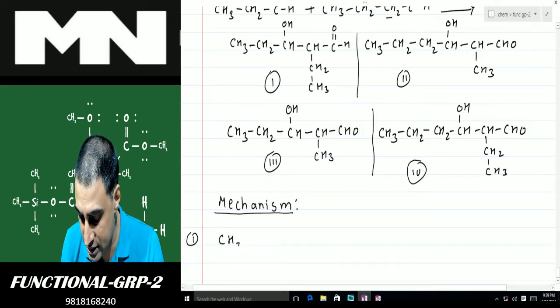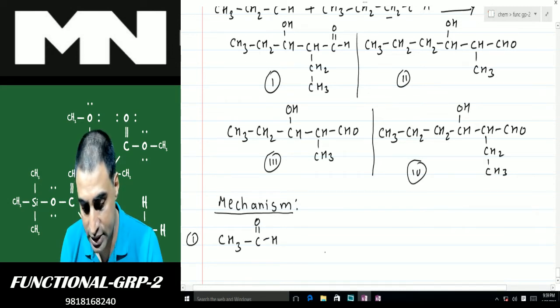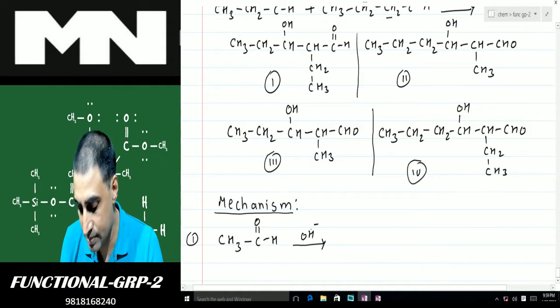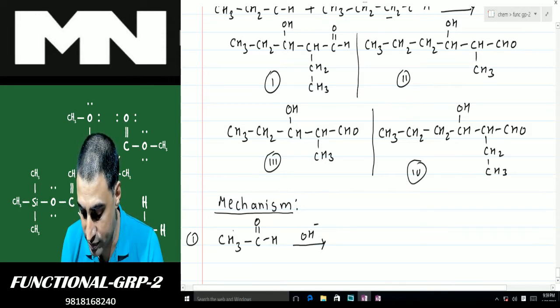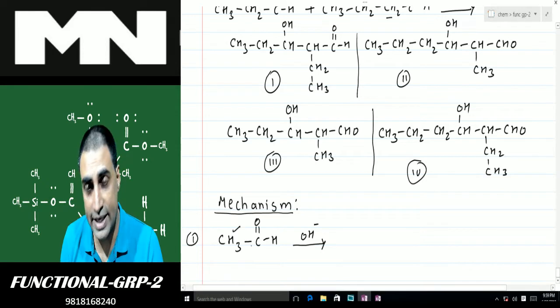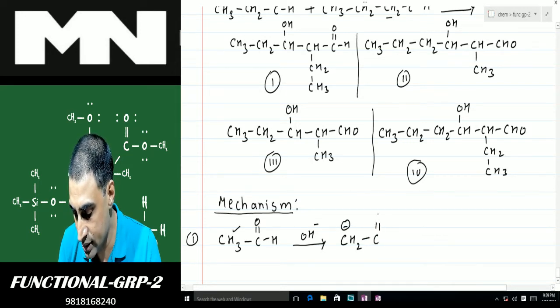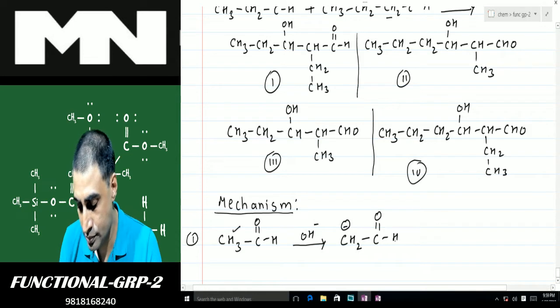Suppose this is the compound I have got, that is CH3CHO. In the presence of a base, it will donate H positive ion from here. That H positive ion from the methyl group will combine with OH negative ion, that will form H2O. I will get an anion like this.